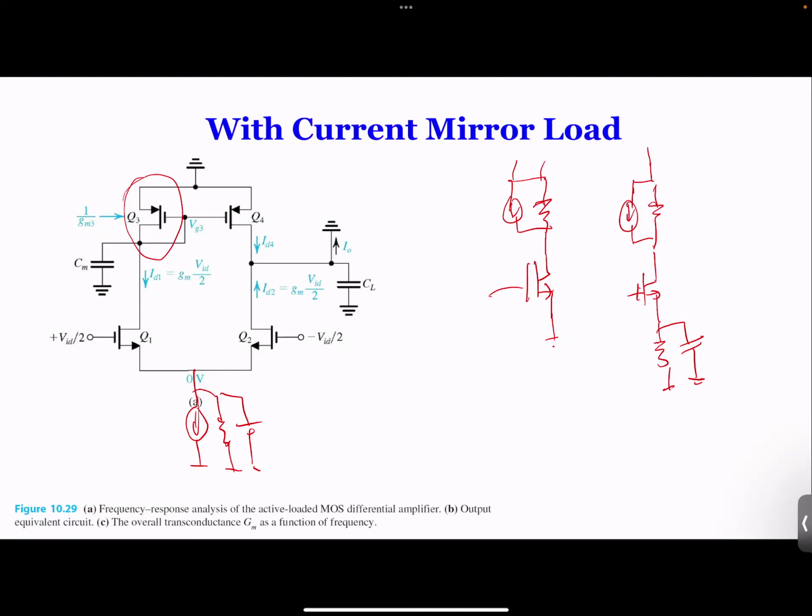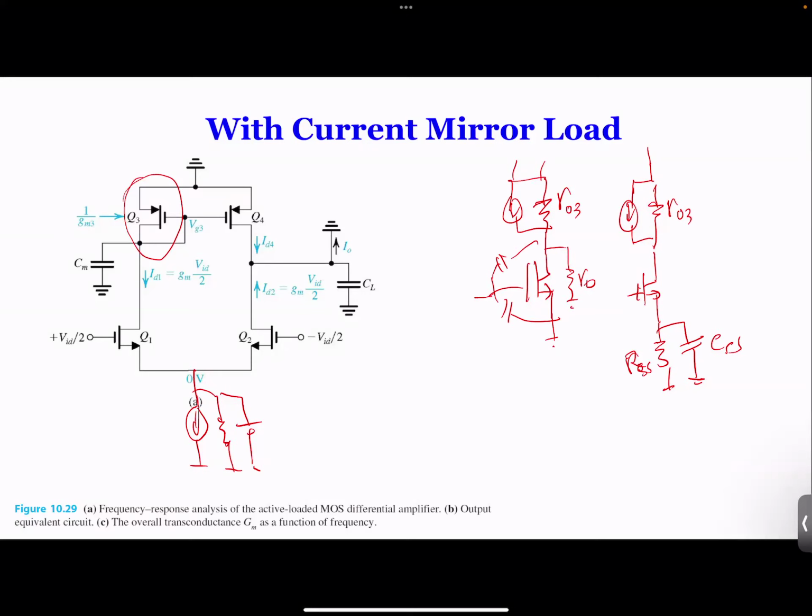So this is your RO3, this is RO whatever, this is RSS, okay? And this is CSS. And then from this circuit, we start to draw this, and then we start to draw this resistance RO, and so on, right? So for this, you have all this.